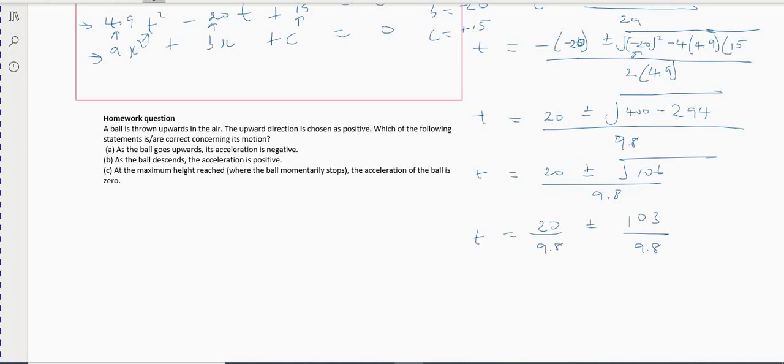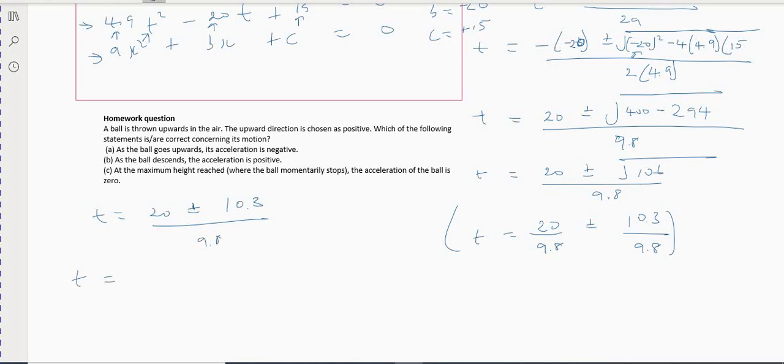Or we could do it another way. We don't have to really do it like this. We could just plus or minus all of this and divide it by the 9.8. Instead of writing out this, I could have said t is equal to 20 plus or minus 10.3, all of that divided by 9.8. So what we'll generally do is you can either work the plus first, or you can work the negative first. It depends on what you want to do.